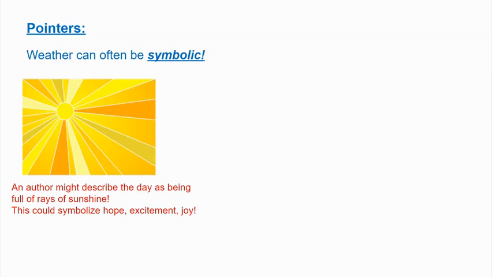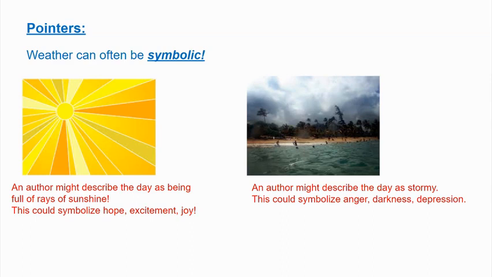There's some excitement in the air. There's some hope in the air. Or maybe the author might describe the day as stormy. This could symbolize anger, darkness, depression. So that mood or atmosphere might be kind of negative, kind of rumbling in the air. Not just strictly about the weather, but also that mood or atmosphere.